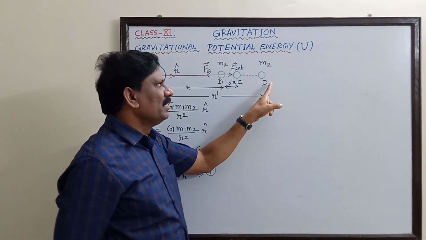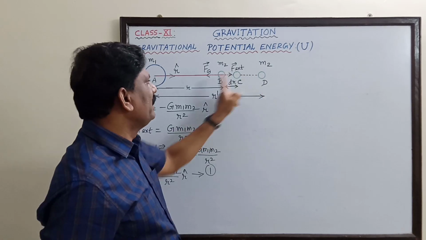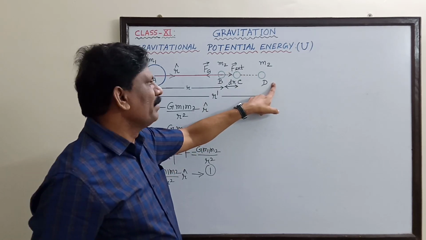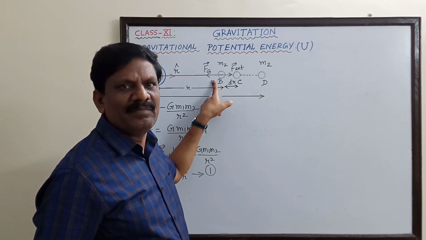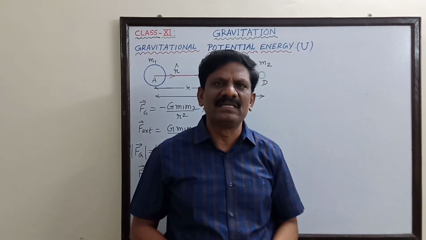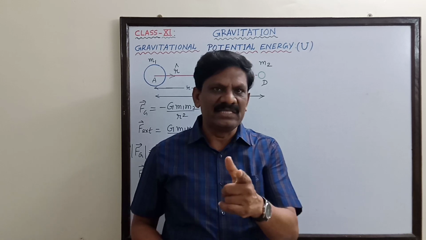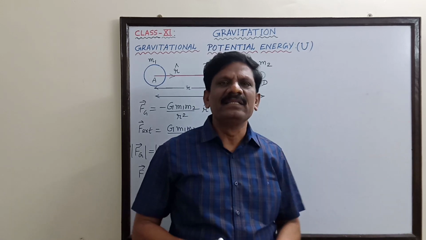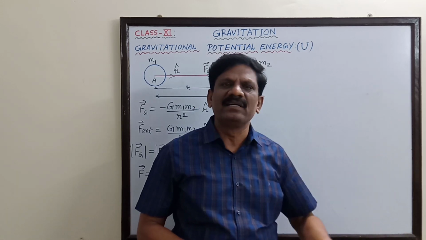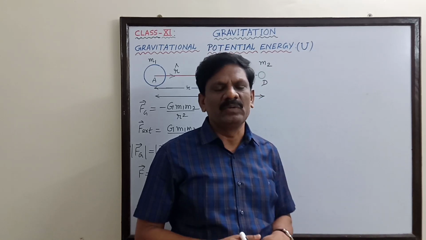Suppose you move this mass m2 from D to B, then it is moving from a higher potential to a lower potential, which means work is done by the system. Potential energy decreases. So the work done is negative. These are all things we have studied in the earlier chapters, work, energy and power. We are going to apply them now.